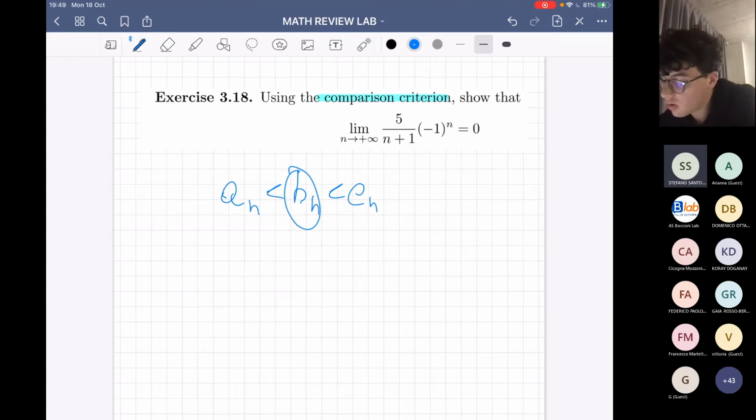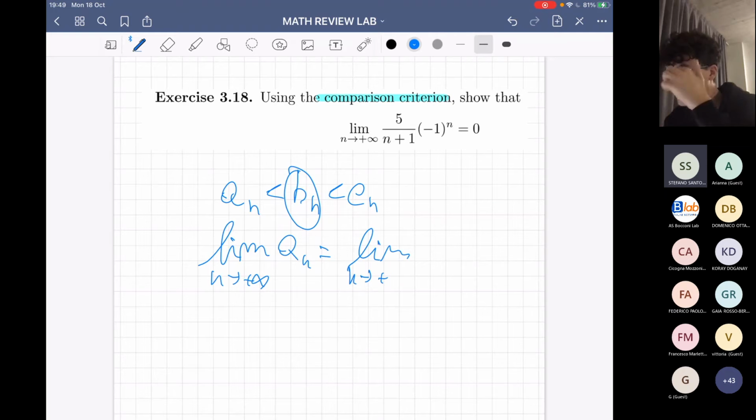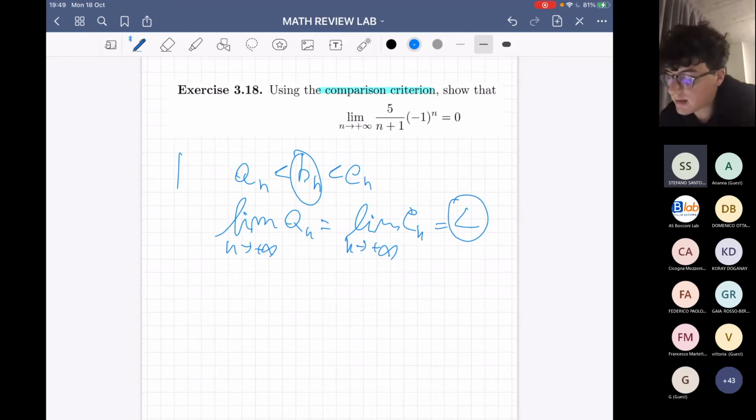we can know also that, if the limit as n tends to positive infinity of an is exactly equal to the limit as n tends to positive infinity of cn, equal to L, for example, whatever number it is, what can we know? These are the hypotheses of the theorem, and I think you know it very well because you are required to prove it in the exam.